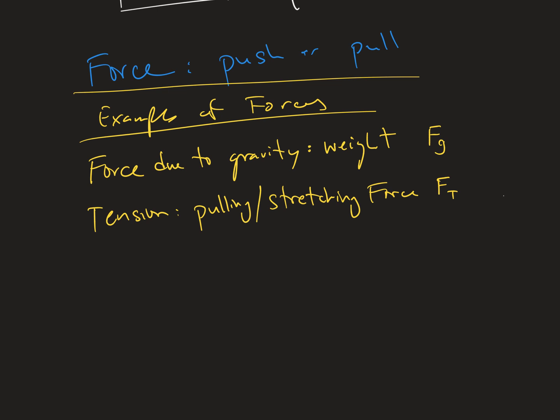Capital F to represent a force and subscript whatever type of force it is. That good? Easy enough? Okay. And just know that that's one variable. It's not two, right? When we were talking about relationships between variables, we saw that. Are we good with that?